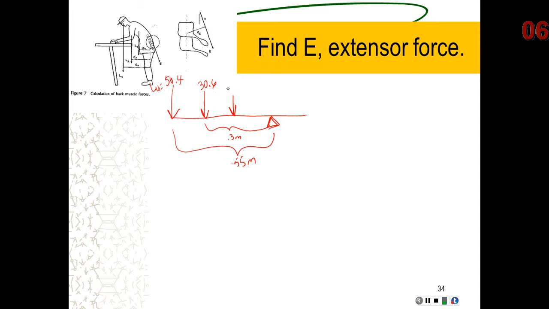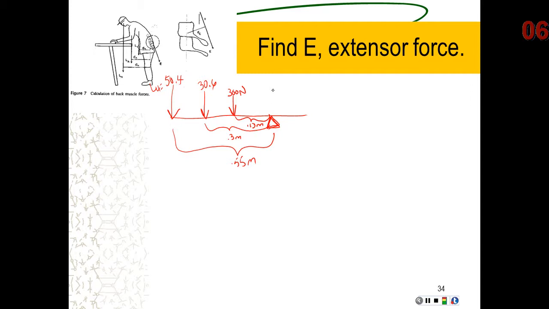Its weight is half the body weight, 300 newtons, and its distance is 0.13 meters. Those are all going to cause the body to rotate. The front part of the top of the body above the L5S1 joint is going to cause it to rotate counterclockwise. So those will be positives.